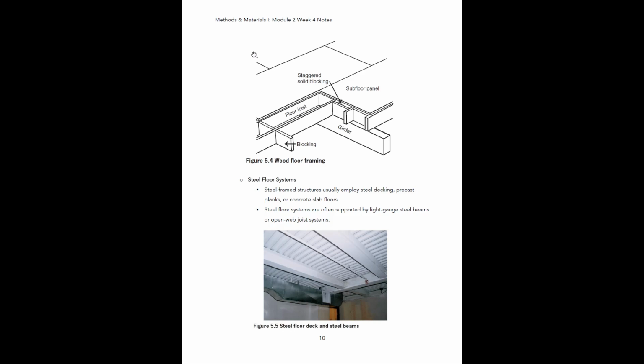And that just helps to make the overall subfloor system more solid. It gives it better structural integrity. And then here we have a series of blocks that span between the joists.